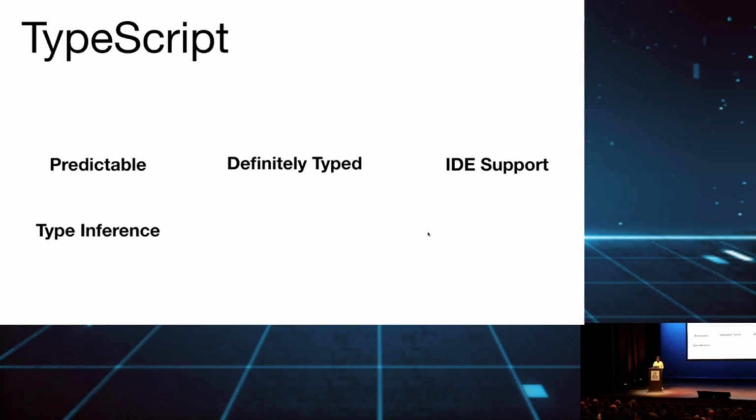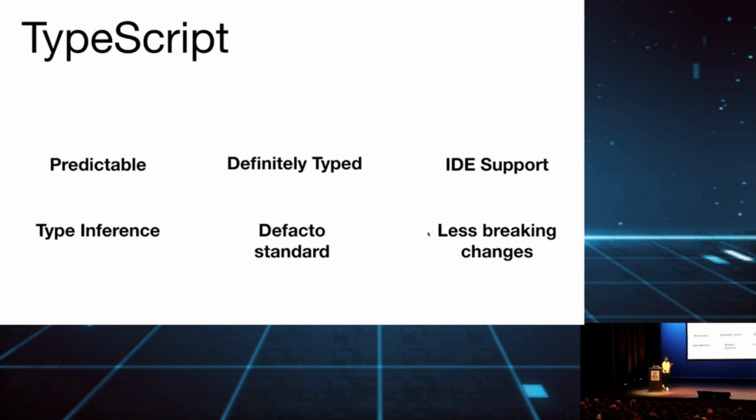The type inference was great. I wouldn't call it as good as what we had in Flow, but the type inference was good. It was becoming a de facto standard in the front-end ecosystem, and there were much fewer breaking changes. For me, the most important thing is predictability and fewer breaking changes. For you, it can be different, and that is the reason why we chose TypeScript.